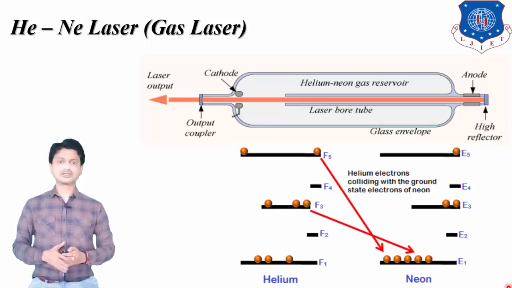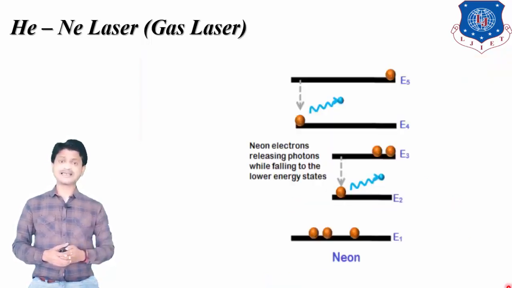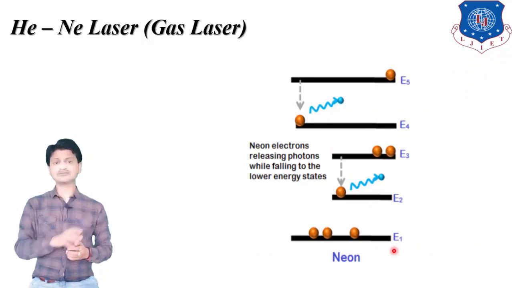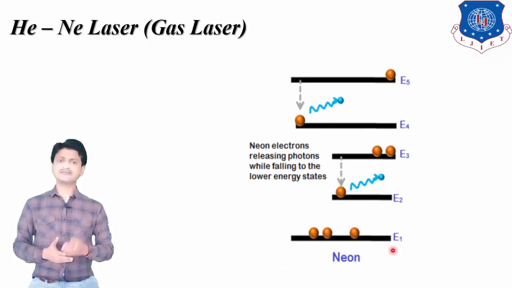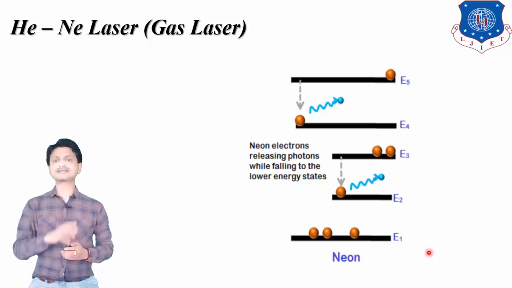As a result, the lower energy state electrons of neon atoms gain enough energy from the helium atoms and jump into the higher energy states like E3 and E5, whereas the excited electrons of helium atoms fall into the ground state. So we can say that helium atoms help neon atoms in achieving population inversion.